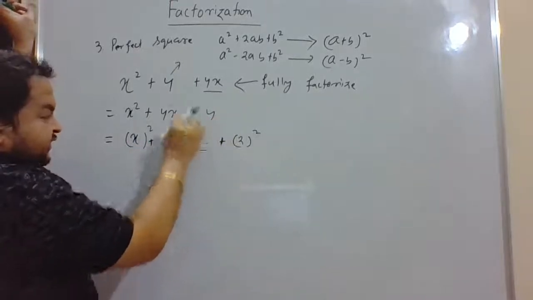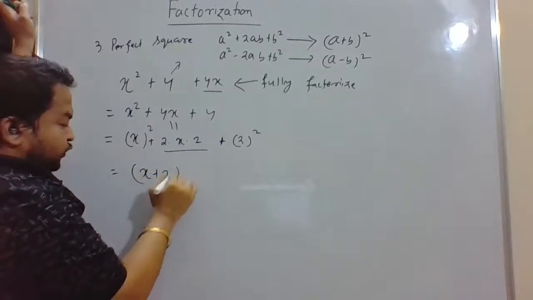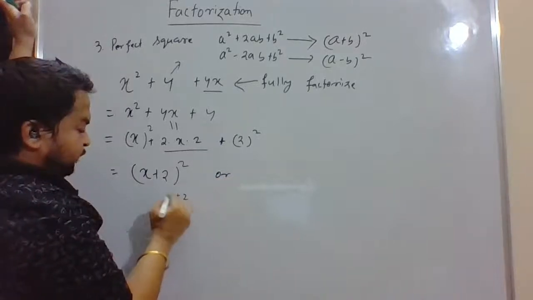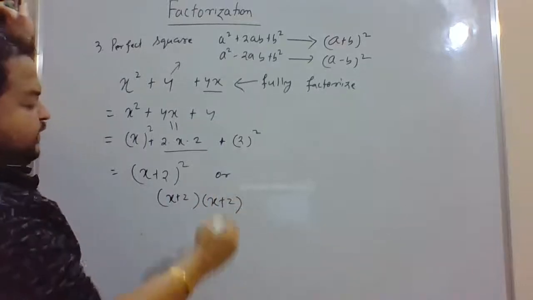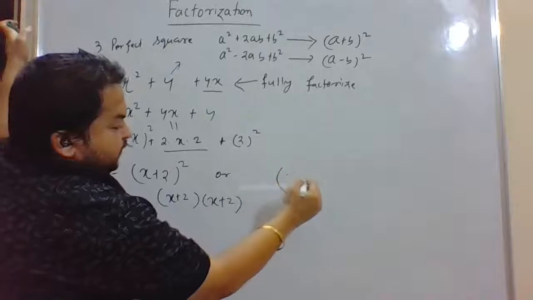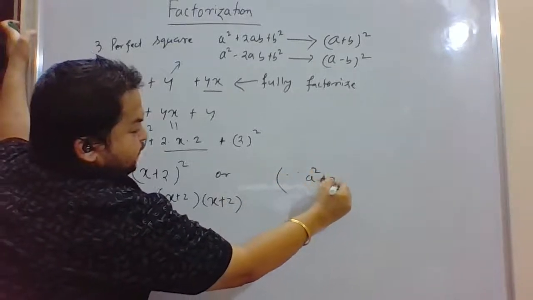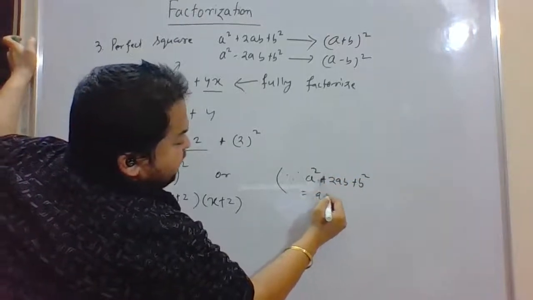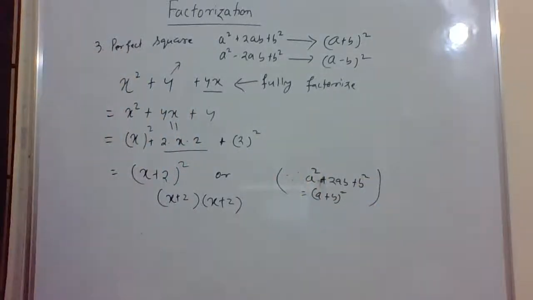Obviously if it is in this format, then I can write x plus 2 whole square, or if you want, you may write x plus 2 into x plus 2, because a square plus 2ab plus b square is equal to a plus b whole square. We know this basic formula in math.